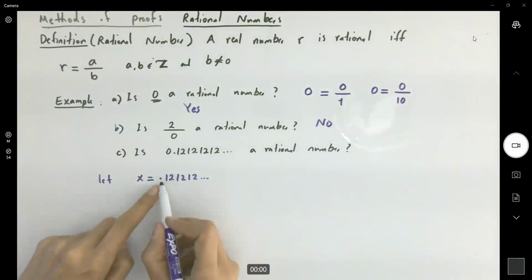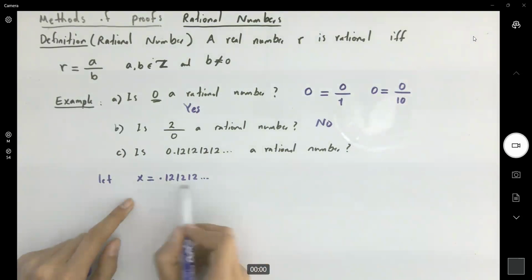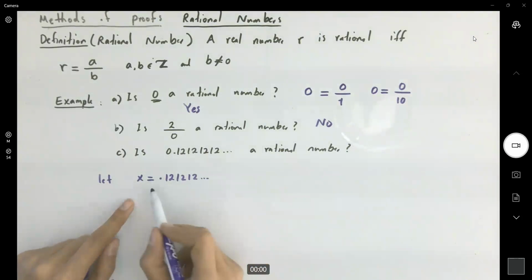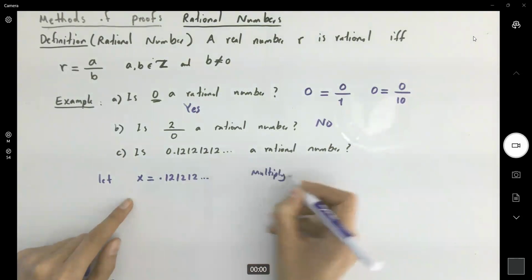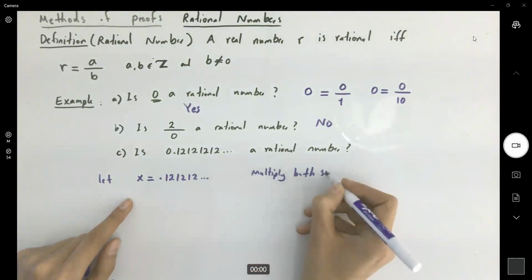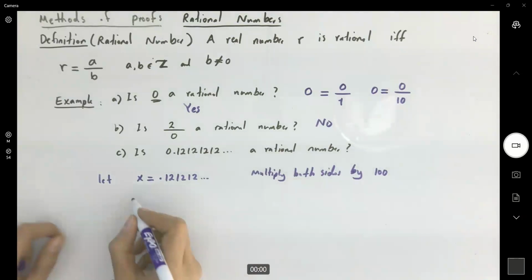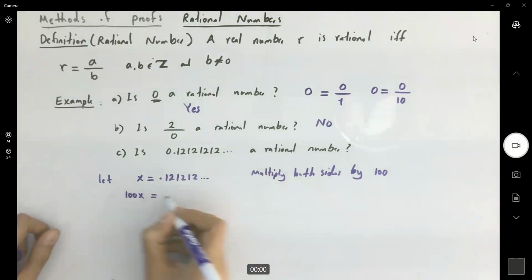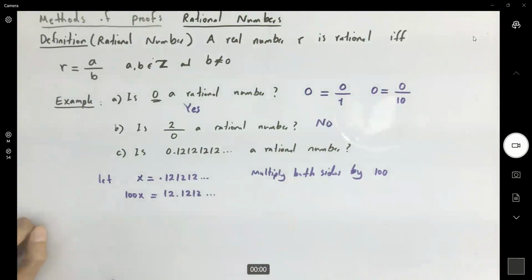So I'm going to try to get rid of these decimals by multiplying both sides by 100. So you get 100x equals 12.12, 12, and the rest repeats itself.